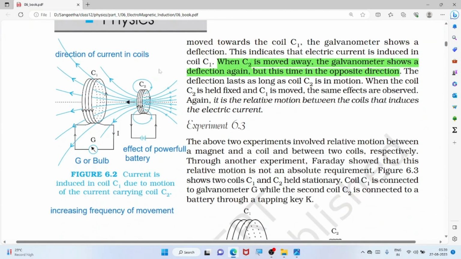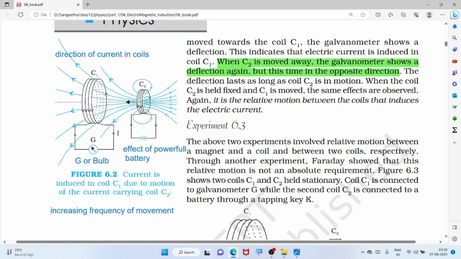In the second experiment, instead of a magnet, they are using a coil. For the direction of the current in the coil, we can use the galvanometer or you can use a bulb also. If you use a more powerful battery here, then there will be more flux, then more flux change, and then more current.